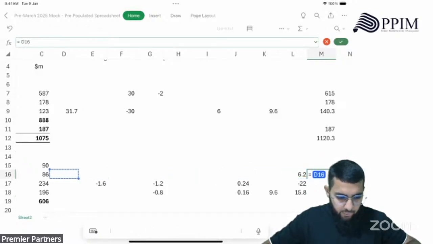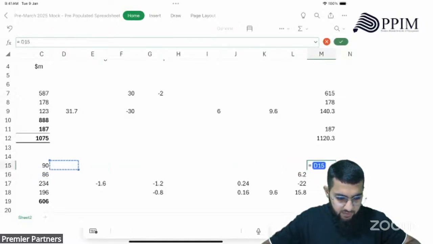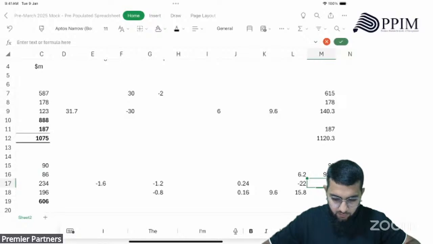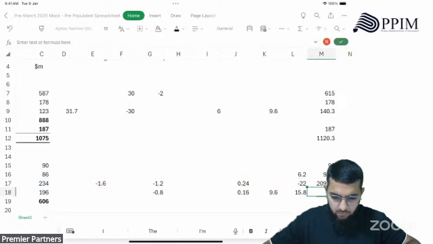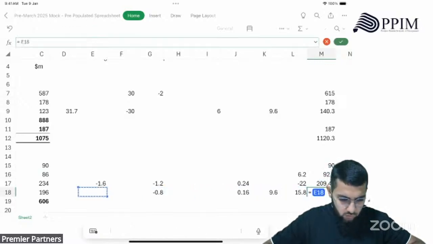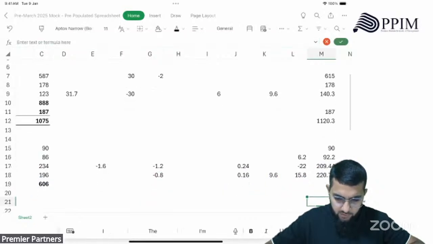Then we calculate our equity plus liabilities. $209.44, 196.08, 0.1696.8.